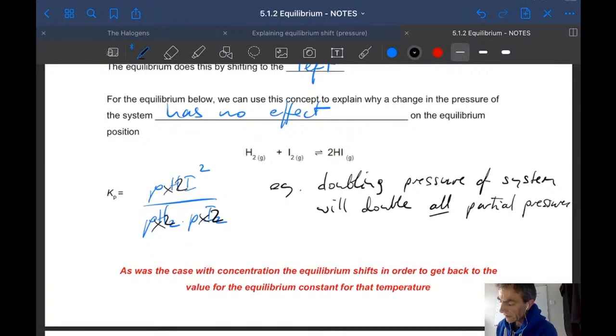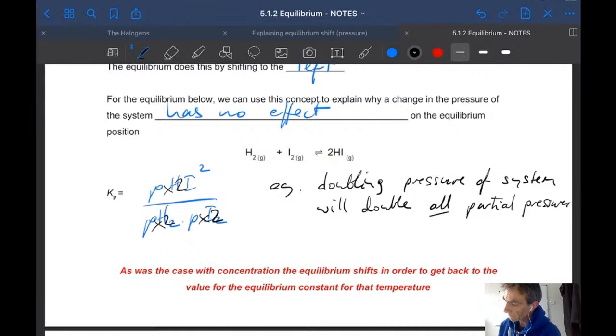So why would there be no effect on the equilibrium position? Because if you think about it, what have we got on the top? We've got the doubling squared, so that's fourfold, isn't it? On the bottom, we've got times 2 times 2, which is 4. So in other words, there's no change, they're changing proportionately, basically. Or the ratio's staying the same, you could think of it like that.